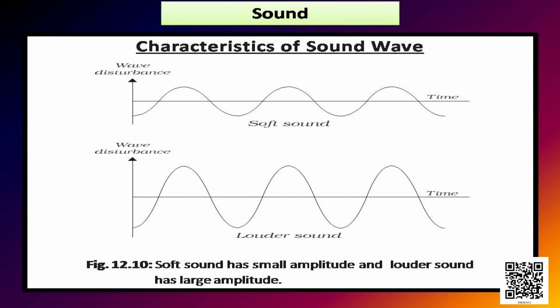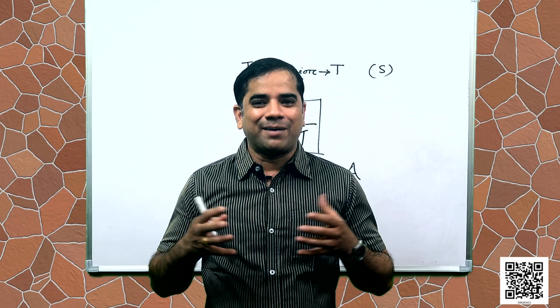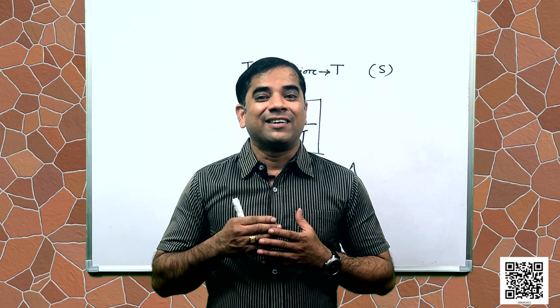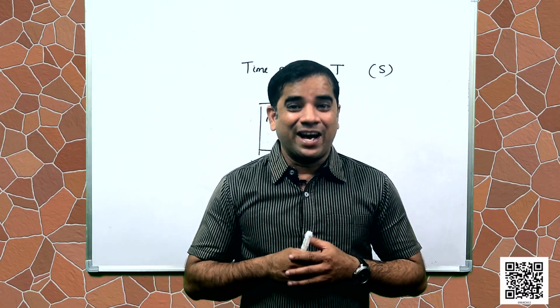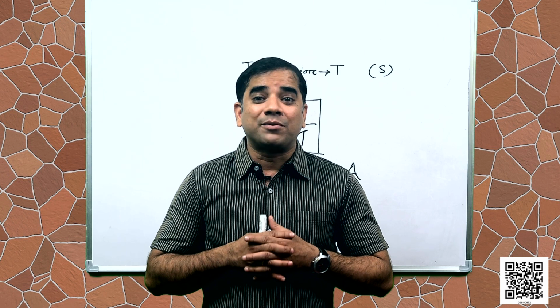What do you observe in the diagram of the soft sound? The amplitude of the sound is less. But in case of the louder sound, the amplitude is greater. So, greater the amplitude, louder the sound. When I speak loud, the amplitude of my sound is greater in comparison with the amplitude of sound when I speak soft.